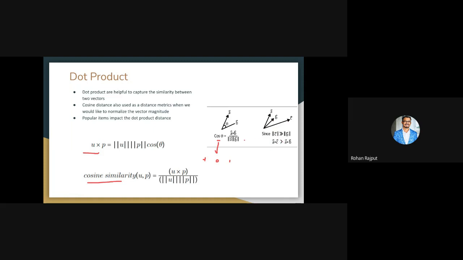As we have already seen, the angle between A and B is smaller, so B should be more similar to A. But when we see the dot product, because the magnitude of C is so high, the dot product is showing A is more similar to C than A is to B. And we can see the impact of popularity bias here: if you have a very popular item that has a very high magnitude in the higher dimensional space, it can influence your dot product. So you have to choose very carefully which distance metric you want to use for your embedding.